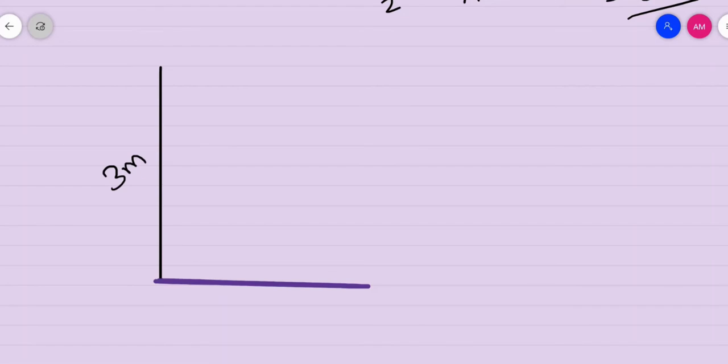Now let us see what is the height. Yes, this is your slide. Children will be sliding down from this place. So let us see what we can do here. See, suppose PQR is the triangle formed.